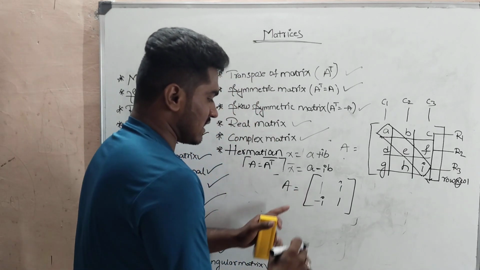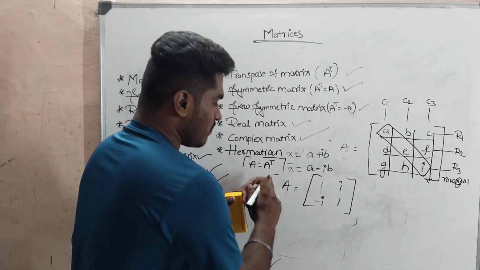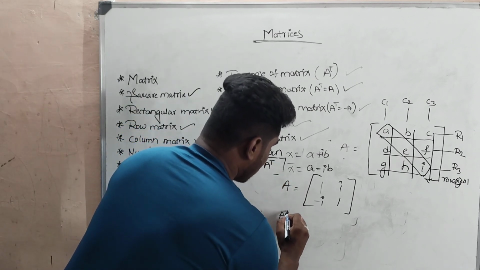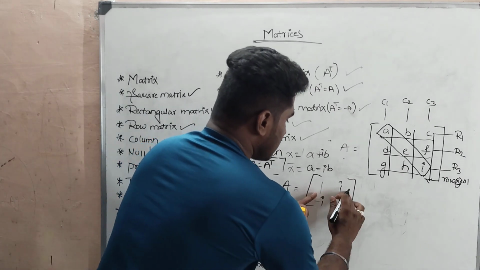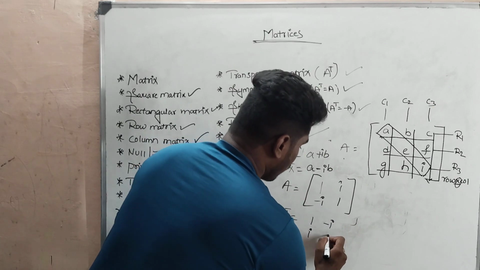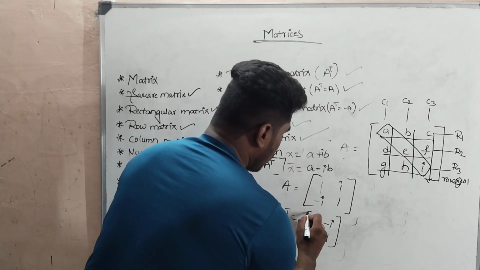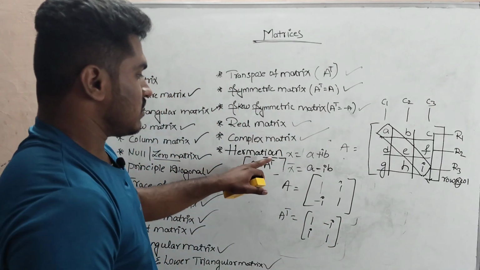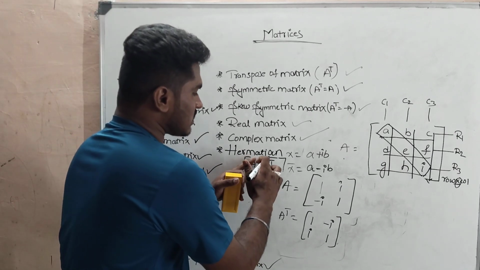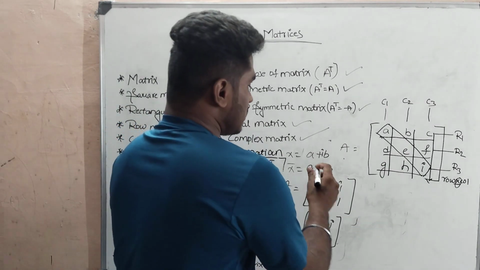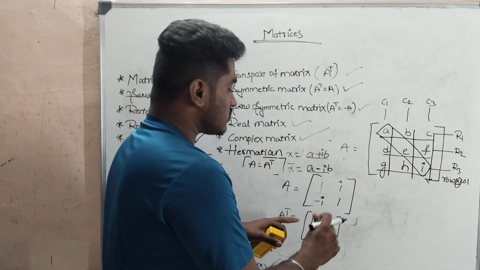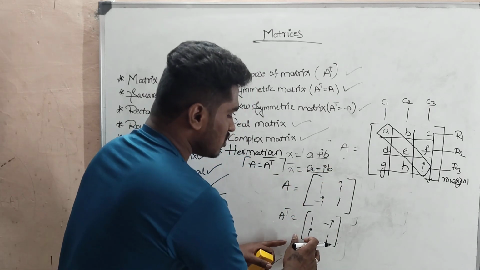Assume that this matrix is A. Now we'll perform the transpose operation. Okay, so A transpose equals 1, i, minus i and 1. What I told you, we have to perform the conjugate operation, right? So see here, when we perform this conjugate operation, this particular a plus ib is converted into a minus ib. So the same condition applies to this matrix.